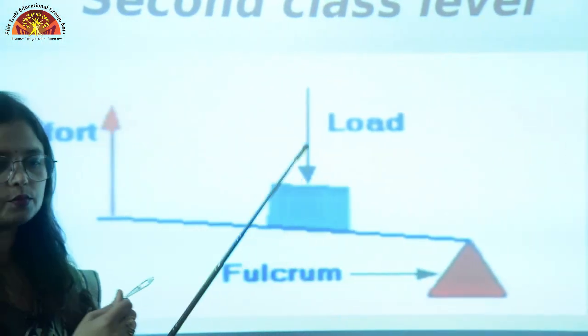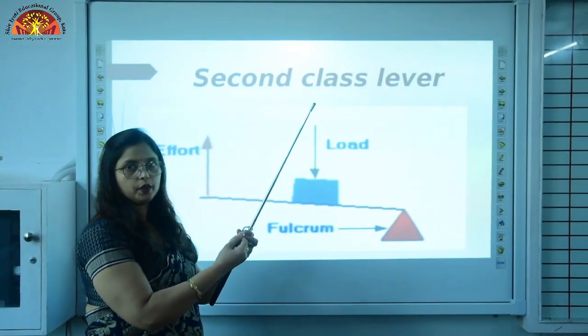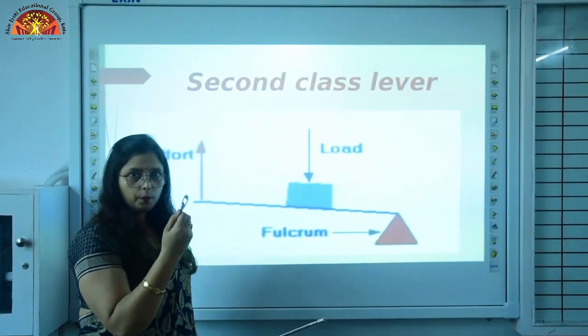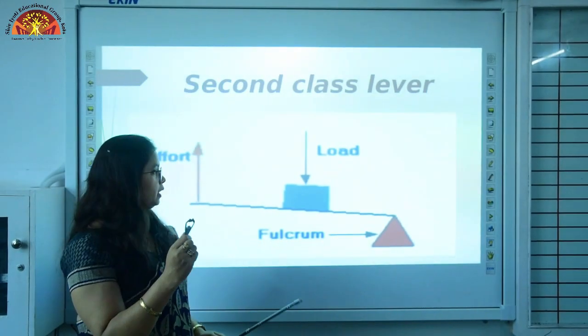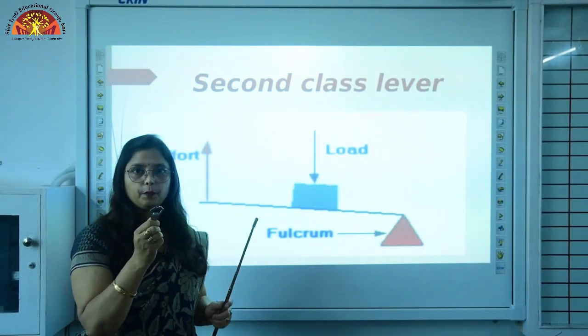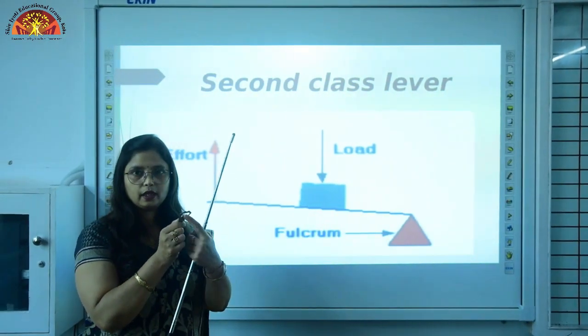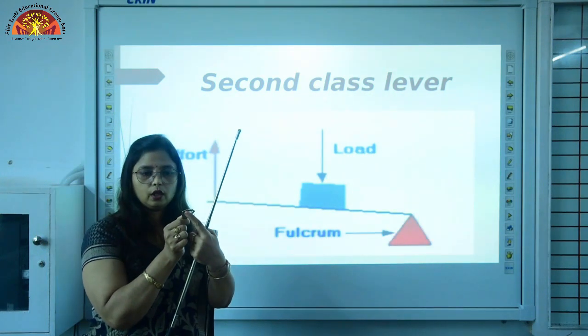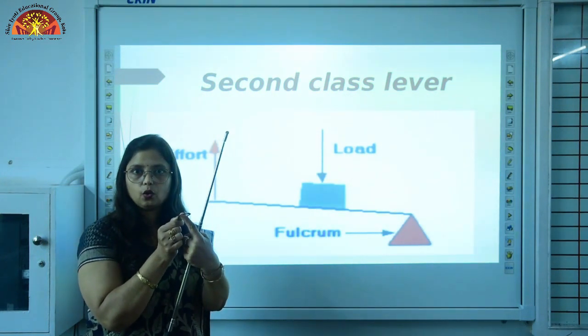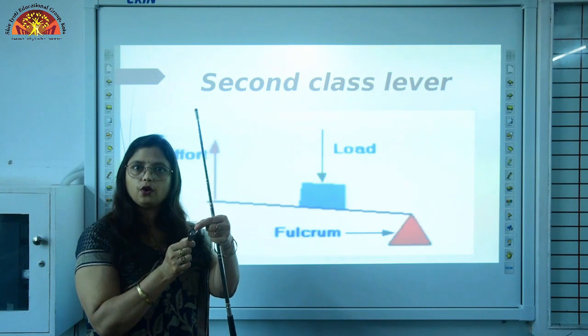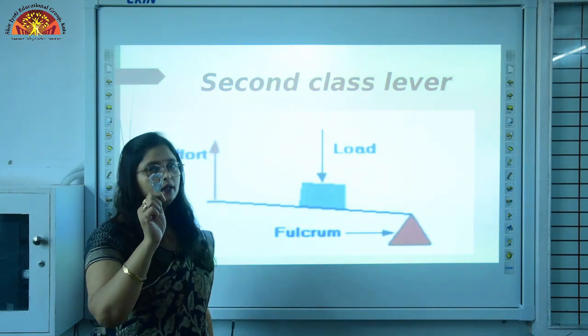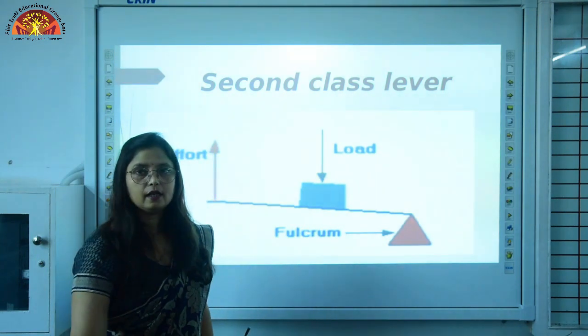This is the fulcrum, the point of attachment for the bottle opener. Then the load is there. We put the neck of the bottle in between this bottle opener. So, this part is showing the load and efforts are made from this side. So, children, this is an example of second class lever.